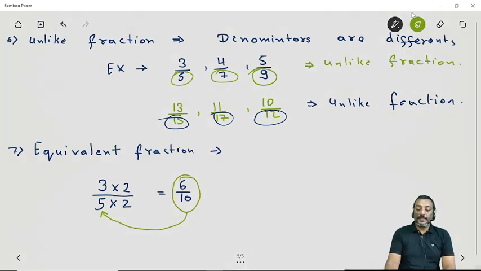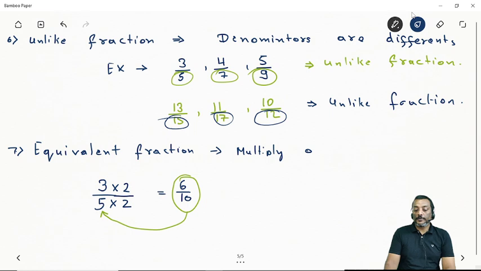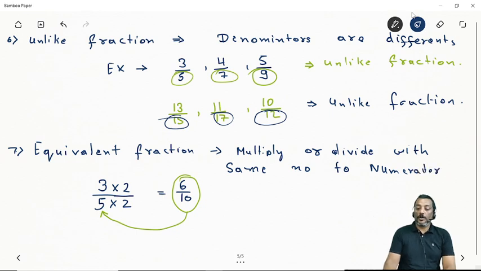Okay, so simply, in an equivalent fraction, multiply or divide the numerator and denominator by the same number. So either you can multiply or you can divide.